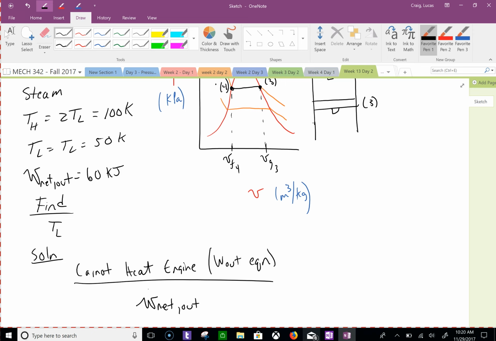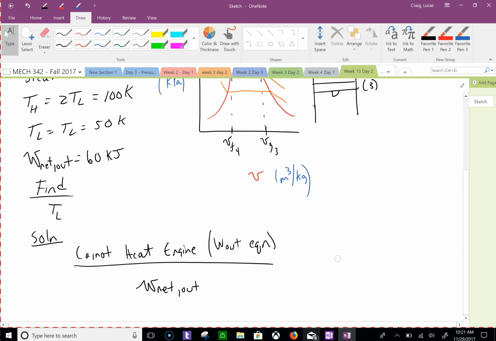Yep. Just trying to remember if we did. Do I want to just do W net? Yeah, W net. Why didn't I do dots? Because W net was in terms of joules, right? That's what I was checking.